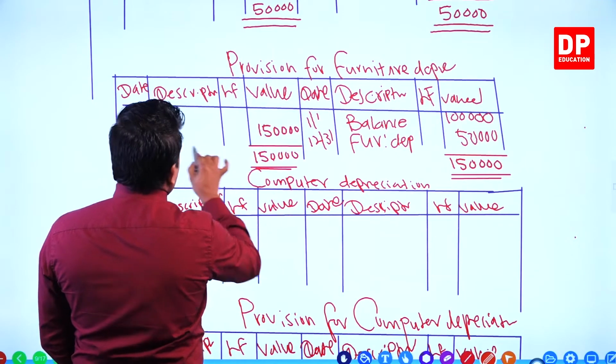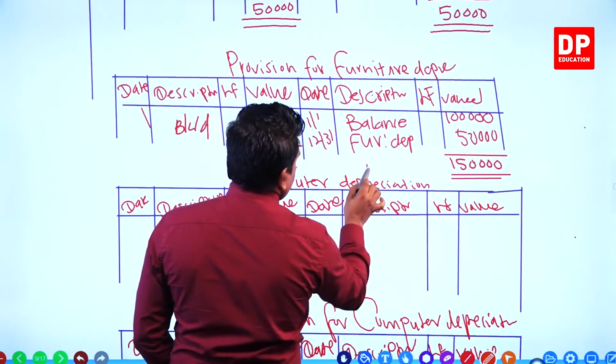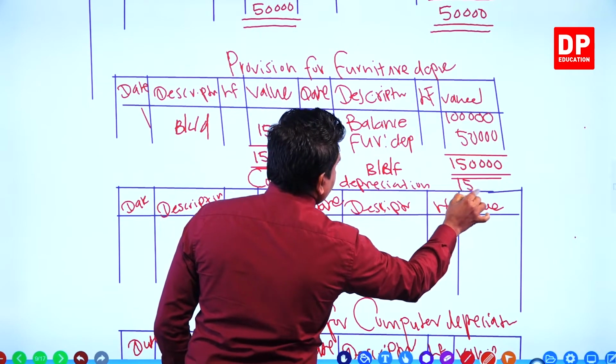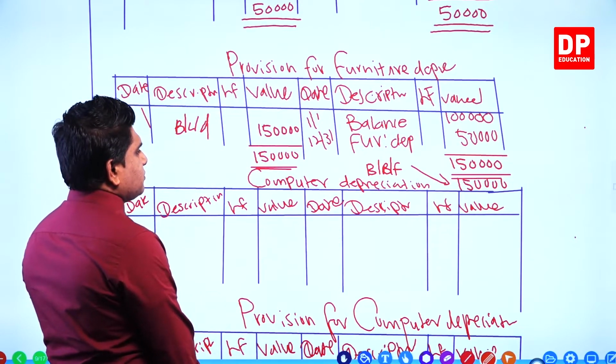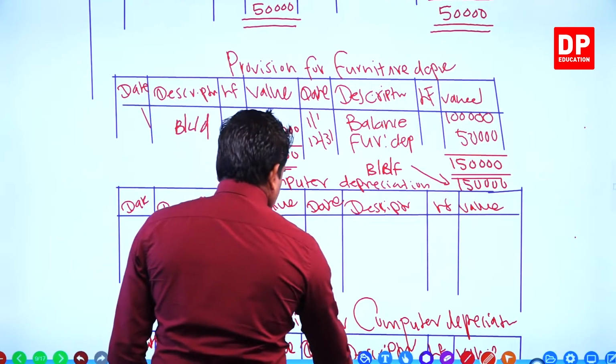In front of this you write balance carried down, balance brought forward 150,000, right? This is the amount, right?